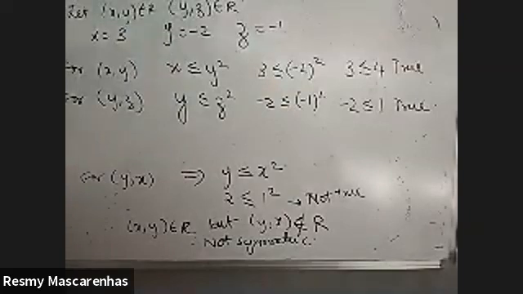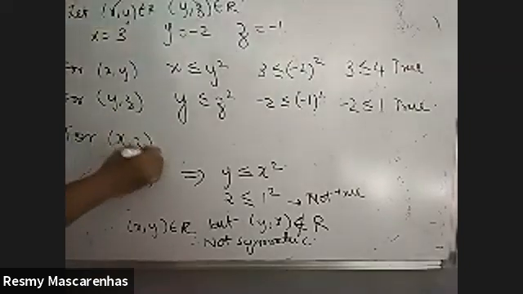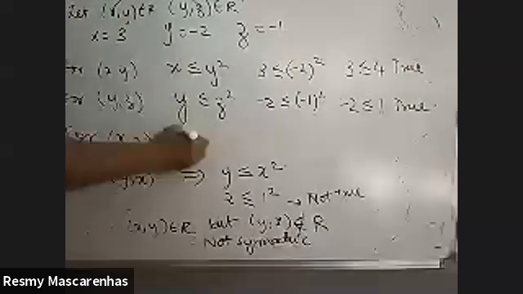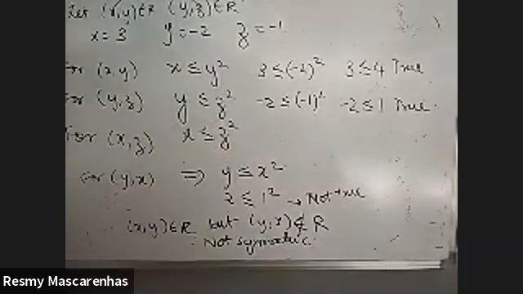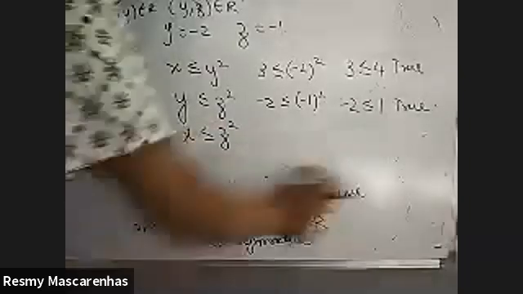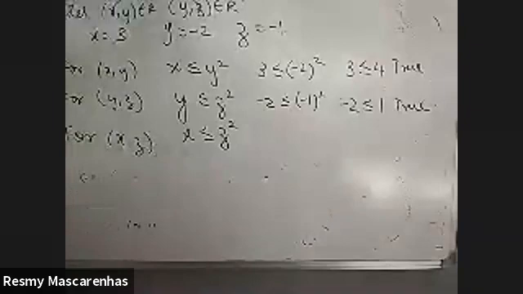Now the third one should not be true, which is x comma z. Now put the values and see whether it is satisfying the condition. If it is not satisfying the condition, it means it is not transitive.